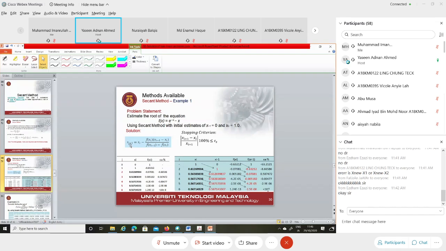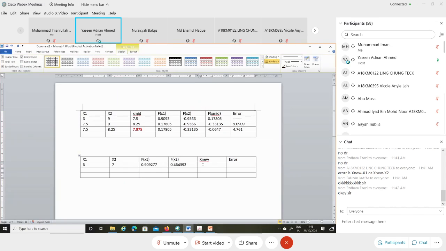I'm saying again, x new or x3, whatever you can say, x3 will be x2 minus f of x2 multiplied by x1 minus x2 divided by function of x1 minus function of x2. If you write those already, the equations, so let me know what is the new value. Please calculate x new and let me know.